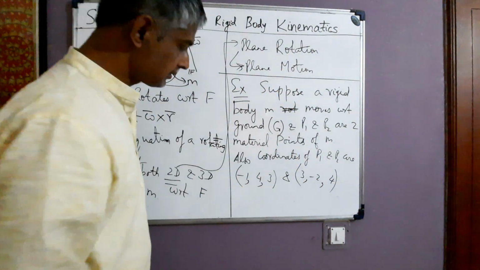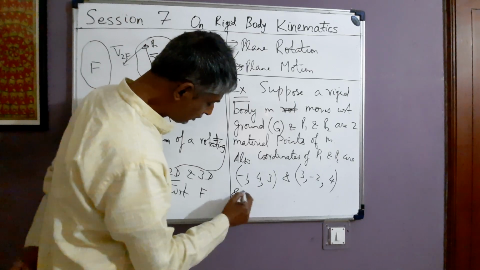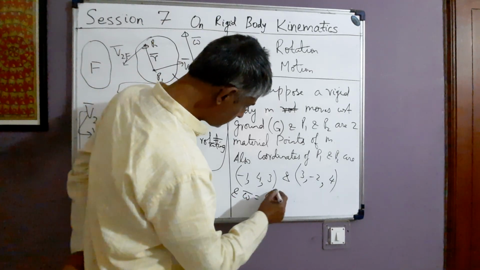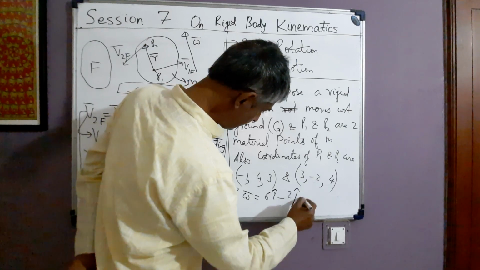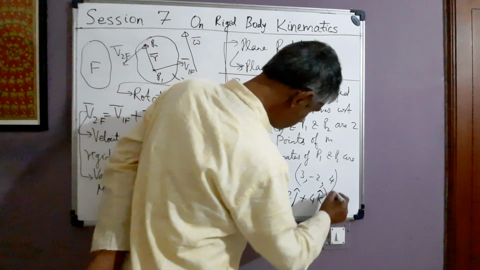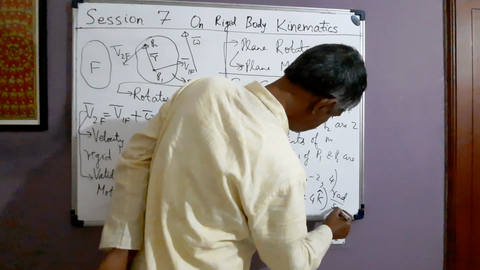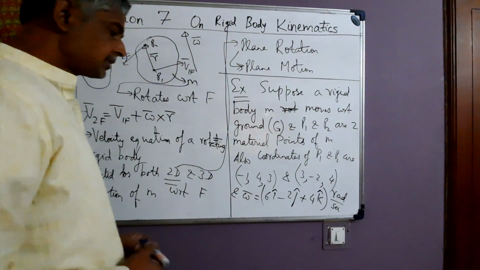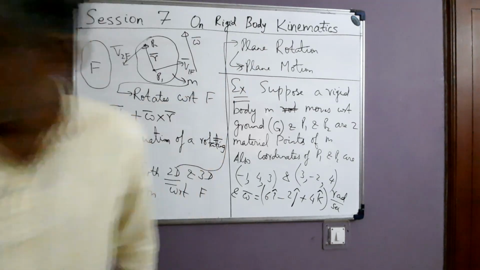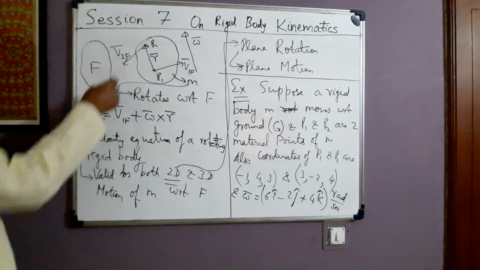They are both in meters. And the angular velocity of M with respect to ground at the given instant is 6i hat minus 2j hat plus 4k hat radian per second, in IJK notation. Alright.